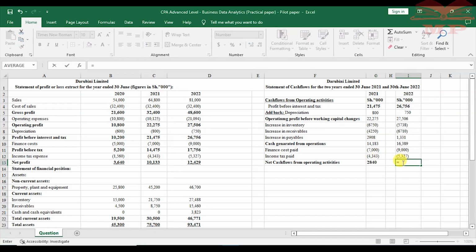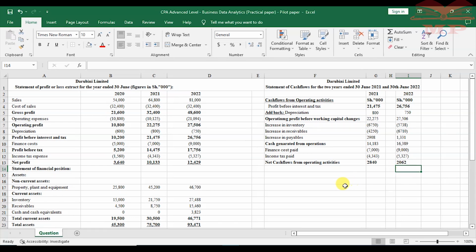The other side, this is 16,389. You add 9,000. You add 52. Remember, the ones that are in bracket are outflows, so it will just deduct and give you the answer. So that is 2062. So that is net cash flows from operating activities.